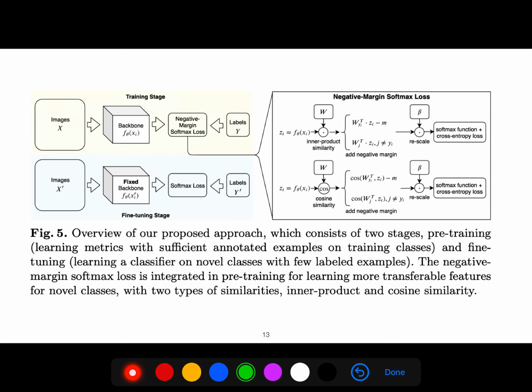So we have images x and x prime. It consists of a two-stage pre-training and fine-tuning. The negative margin softmax loss is integrated in pre-training for learning more transferable features with two types of similarities: inner product, that I said, and cosine similarity.